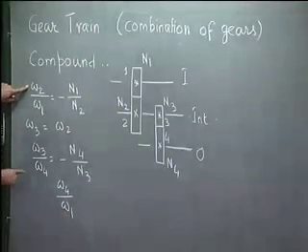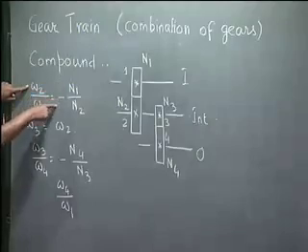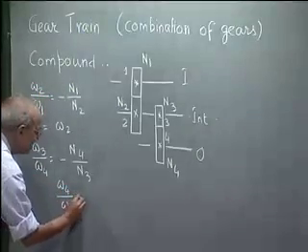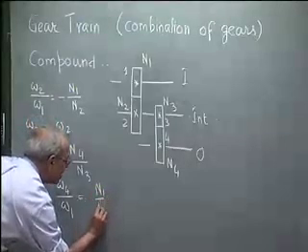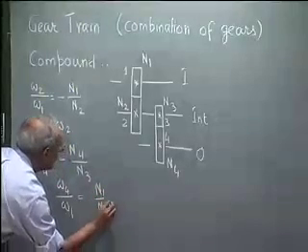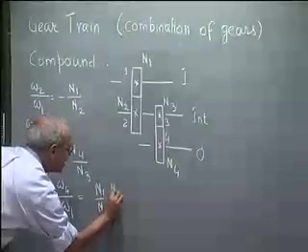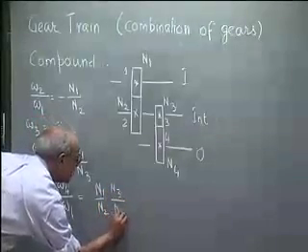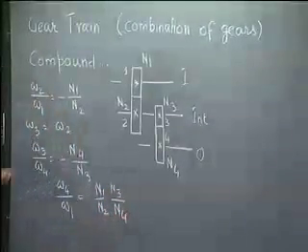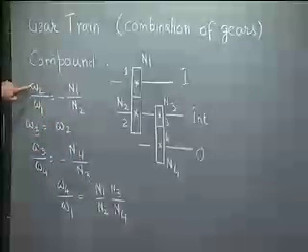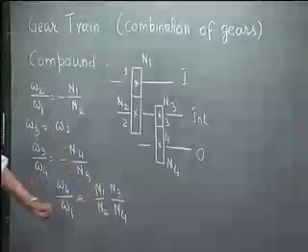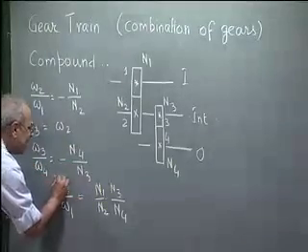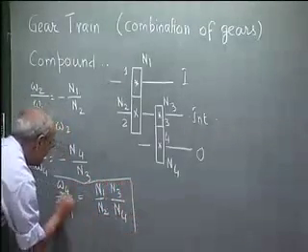I am dividing this by this. So omega 4 by omega 3, that becomes this, and N1 by N2 into N3 by N4. The minus minus cancels. So N1 by N2 into N3 by N4. So this is the output speed to the input speed.